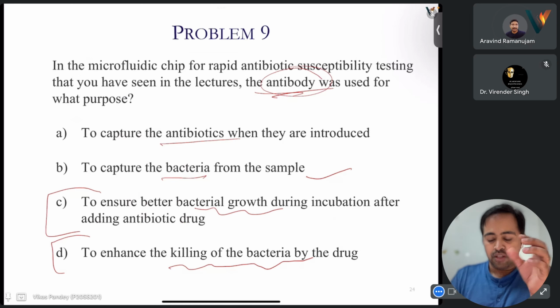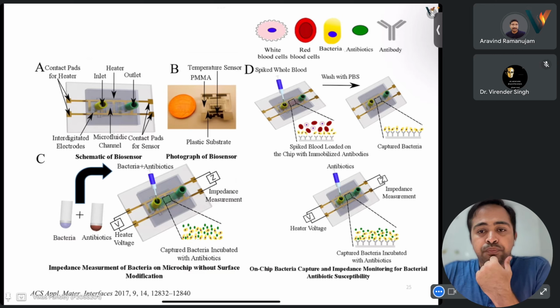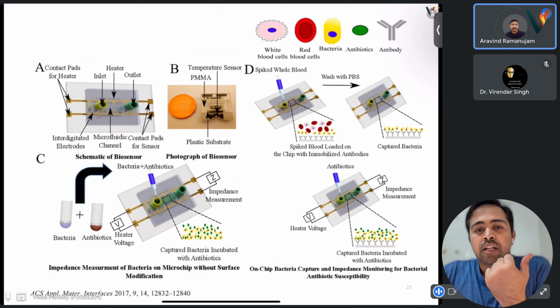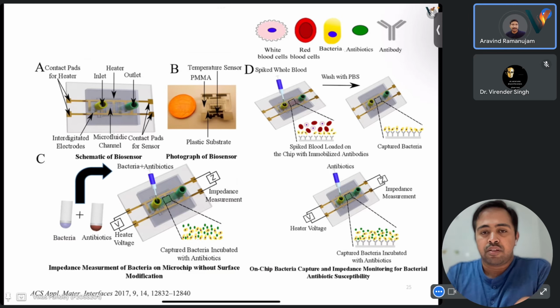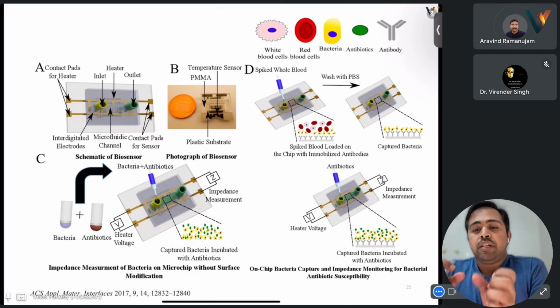If you remember this picture, sir also showed this; this is one of his papers. From this whole fluid, it tries to capture the bacteria, and then it incubates.